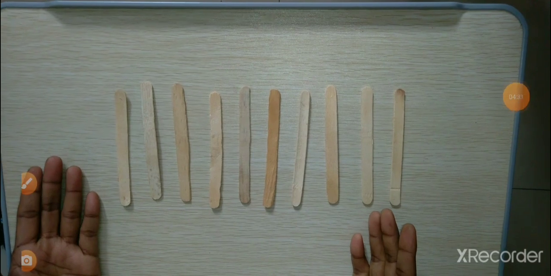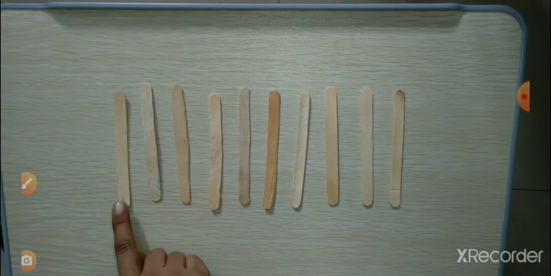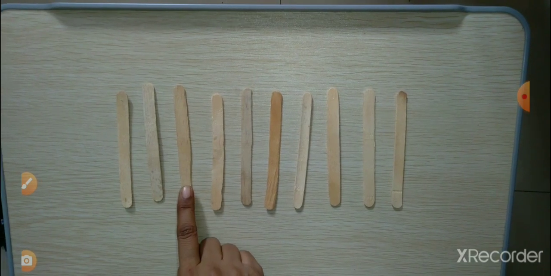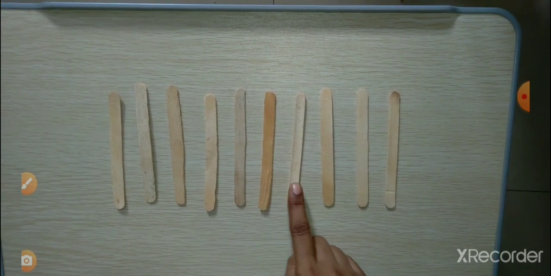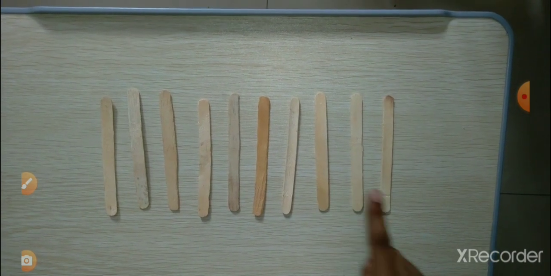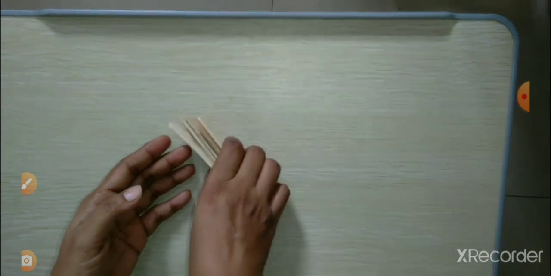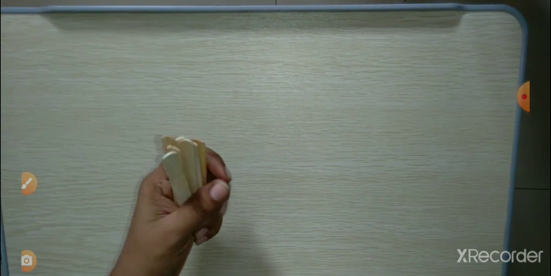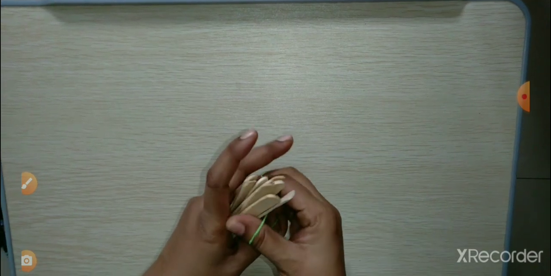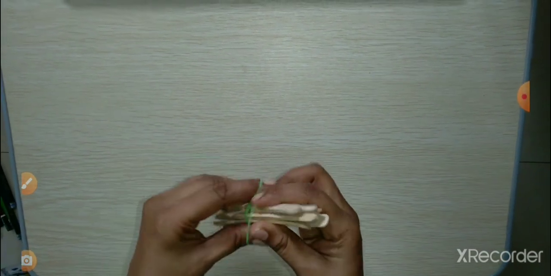Children, here are some ice cream sticks. Let us count them. 1, 2, 3, 4, 5, 6, 7, 8, 9, 10. Now, we will make a bunch of these 10 ice cream sticks.